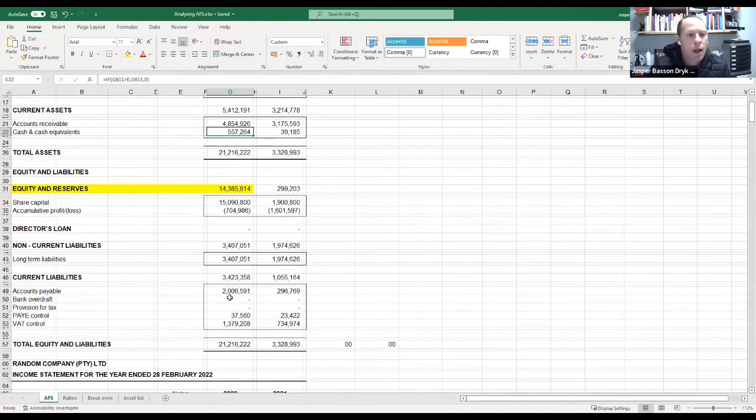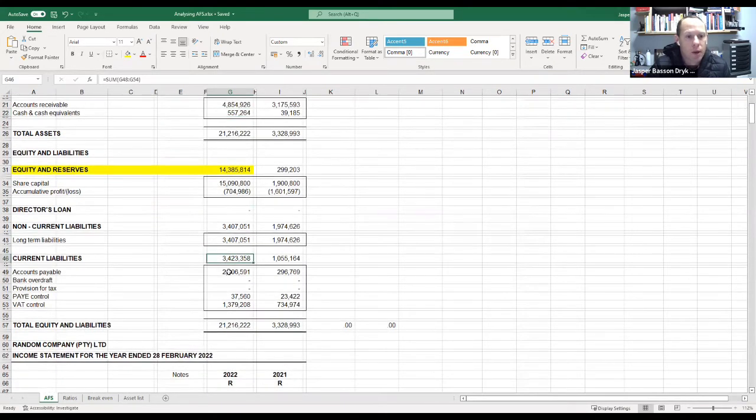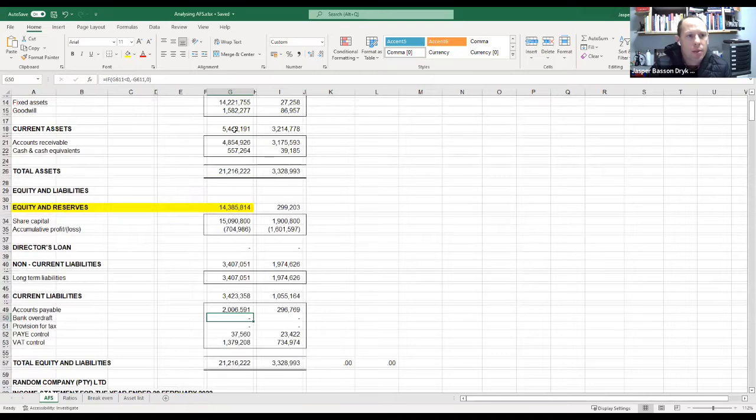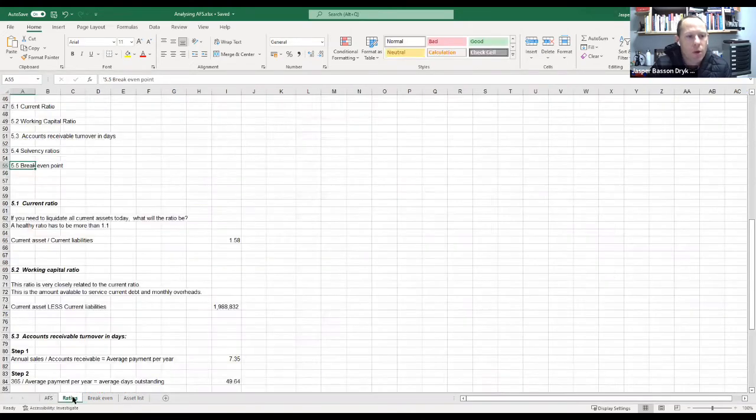And your current liabilities would be accounts payable, so your trade creditors, a bank overdraft if you have one, and also VAT that is obviously due in a month or two. And that amount, current assets 5.4 divided by the current liabilities, the 3.4, would give you your current ratio.